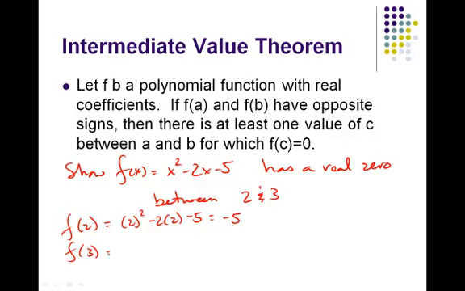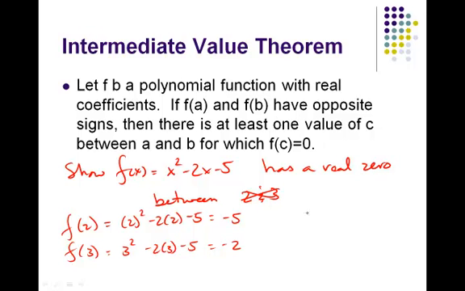And f of 3 would be 3 squared minus 2 times 3 minus 5. That's 9 minus 6 minus 5, and that would be negative 2. I can say that this does not necessarily have a 0 because both of these are below the x-axis.